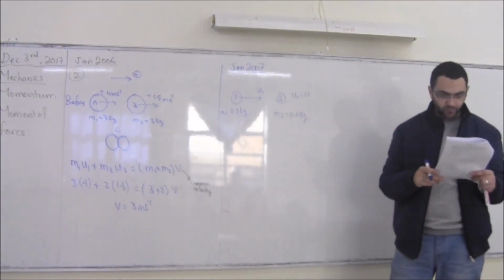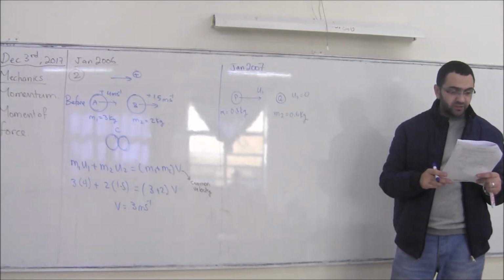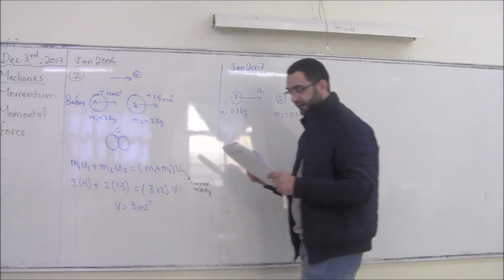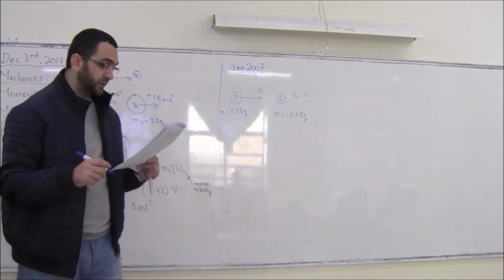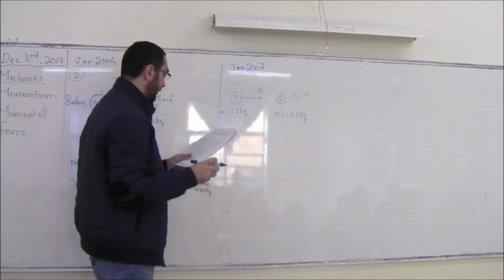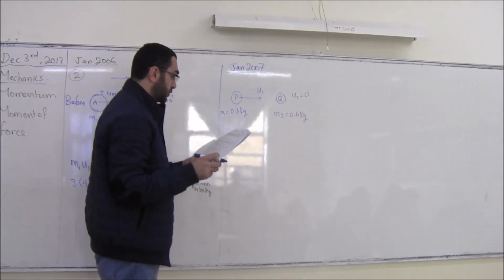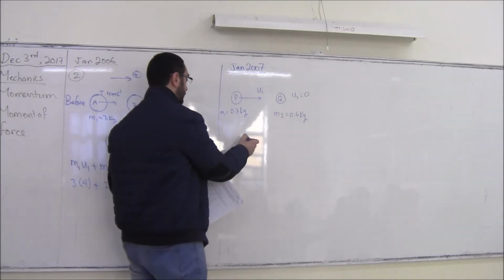U2 is 0. Immediately after the particles collide, P has speed 2 meters per second and Q has speed 5. The direction of motion of P is reversed after the collision.